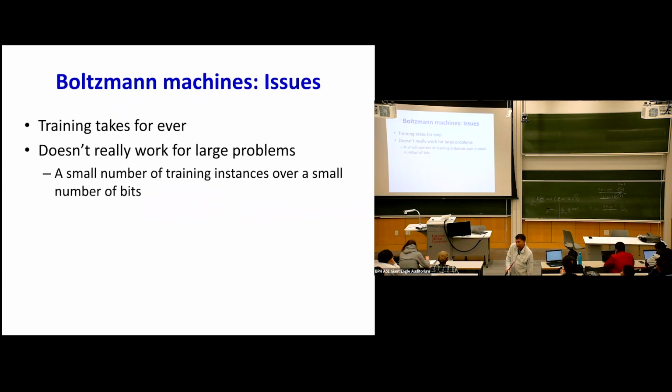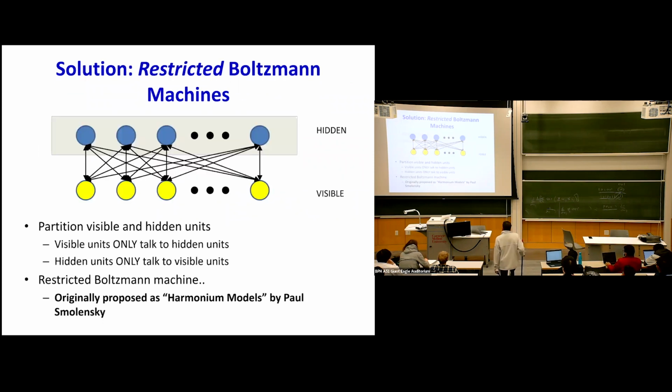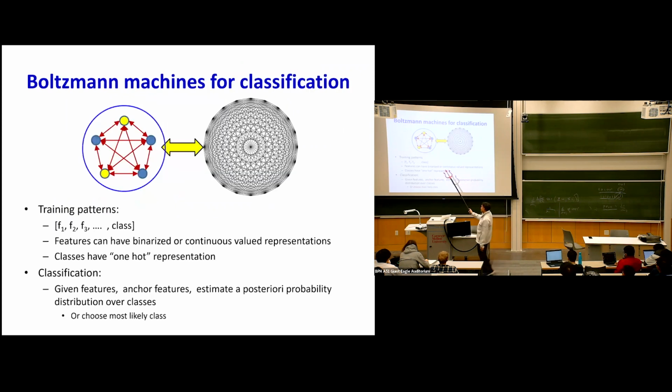I can add a restriction which says that the visible neurons don't communicate with one another. So unlike over here, where I actually have these arrows, and I have these 5 neurons all connecting to one another, and I have these k neurons all connecting to one another, I'm going to say that within the left-hand side, the neurons don't talk to one another.